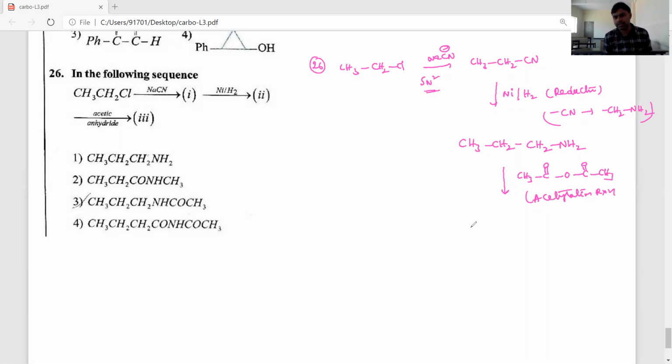So the final product is CH3 CH2 CH2 bond NH, C=O, CH3, N-acetyl propanamide. N-acetyl propanamide is the product. Okay. Third option is correct.